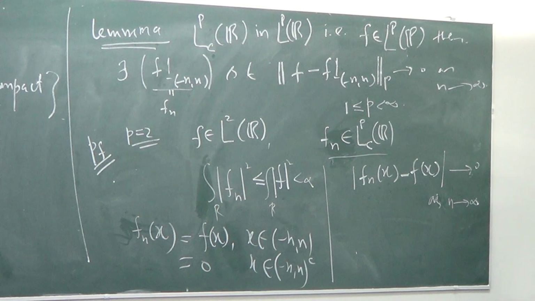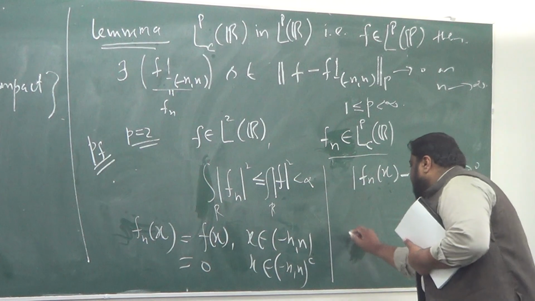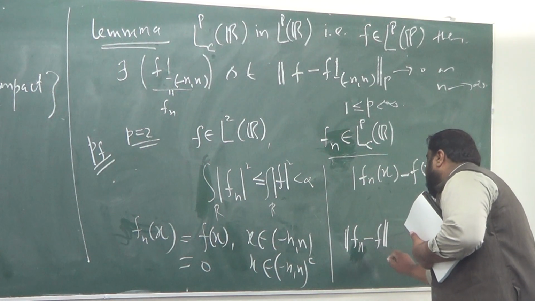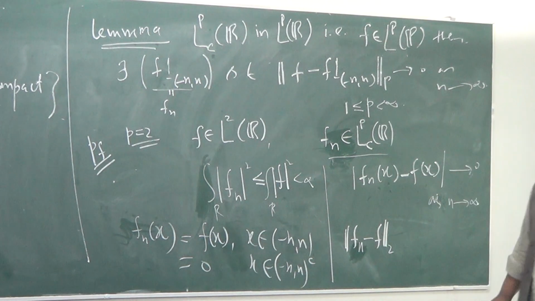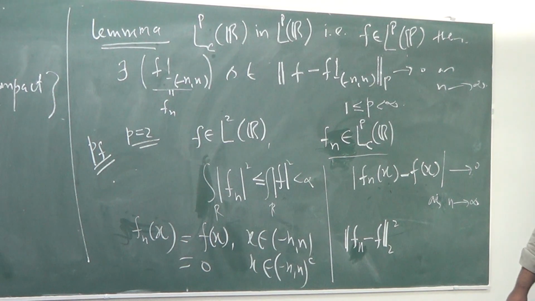This goes to 0. And if this is true, then pointwise, the key thing that we would like to show is that the distance between Fn and f in the 2 norm squared should go to 0 as well.